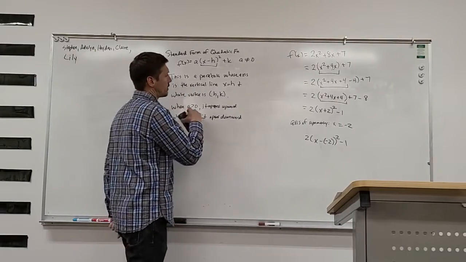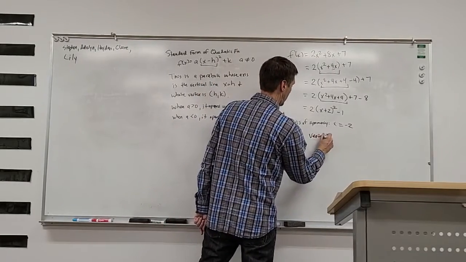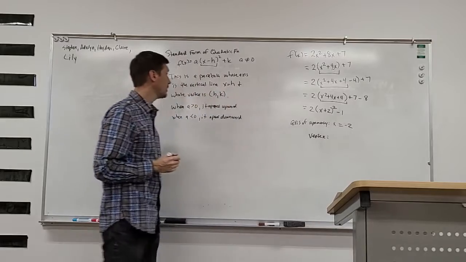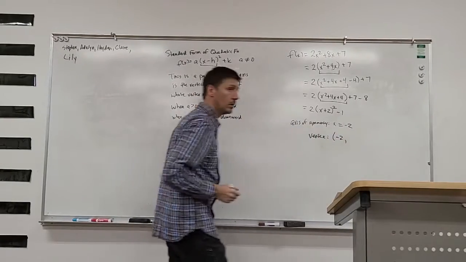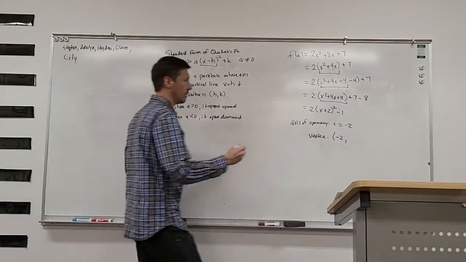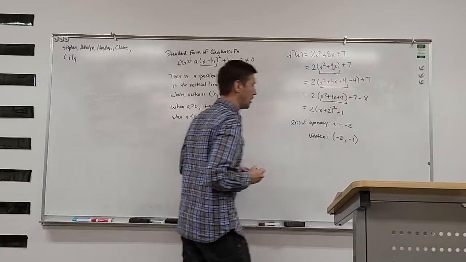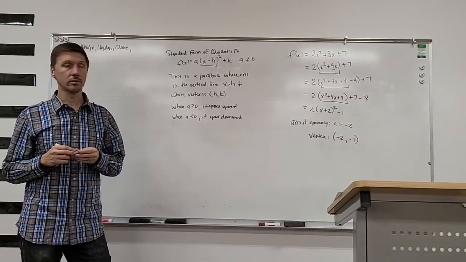And then where is the vertex? We've already identified that h is negative 2, so our x coordinate is negative 2. What's our y coordinate? Okay, so -1. And then is it going to open upward or downward?